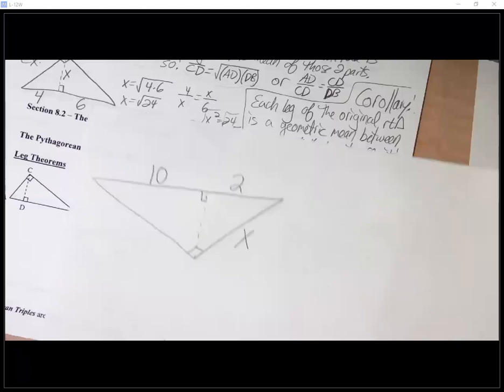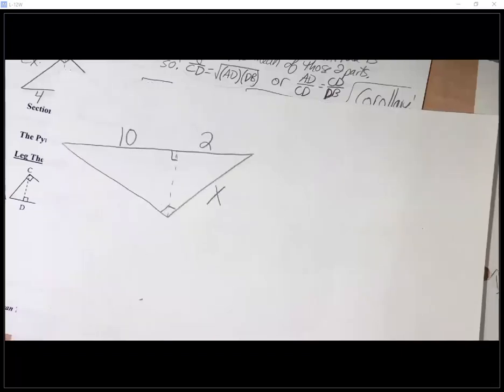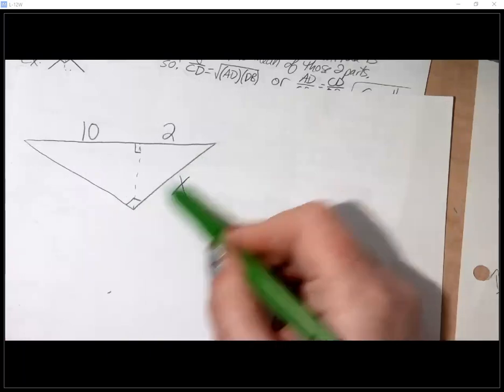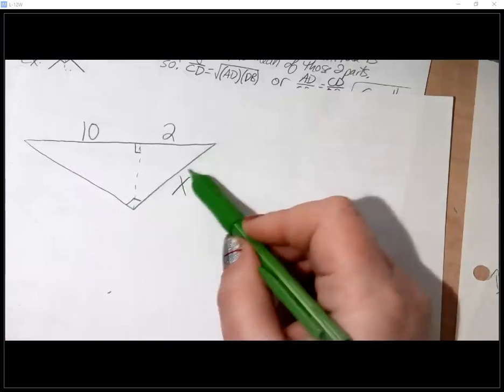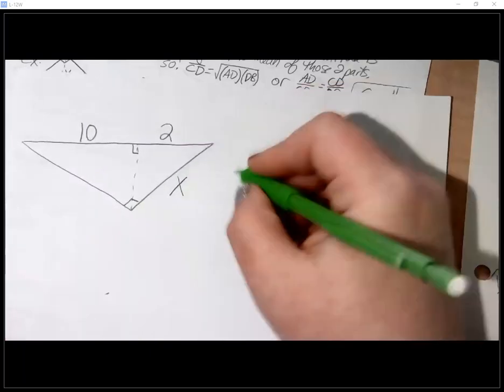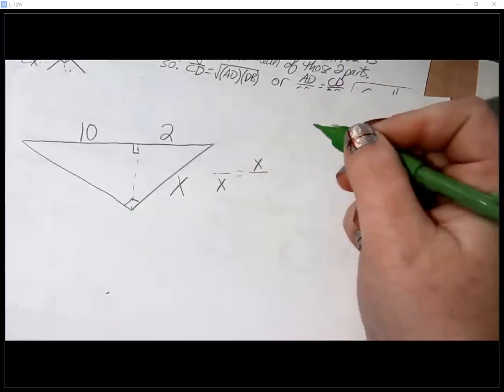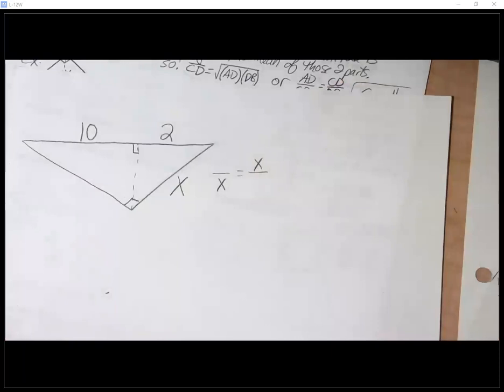So I'm going to help you set this one up again if you haven't already. I have one of the legs of the original. The legs are the geometric mean between, so X is going to go in one set of spots, between the piece of the hypotenuse it's connected to.